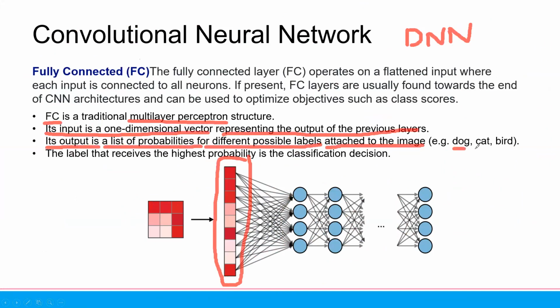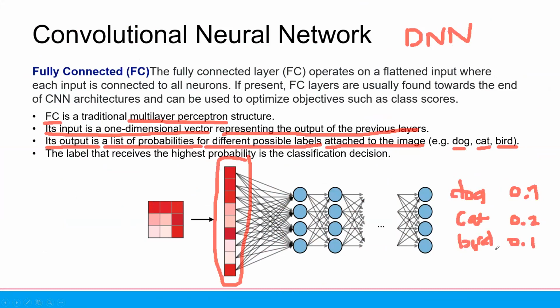So if you have dog, cat, and bird, the result will be a kind of probability. For example, the result from the classification might be 0.3, 0.7, 0.2, 0.1.